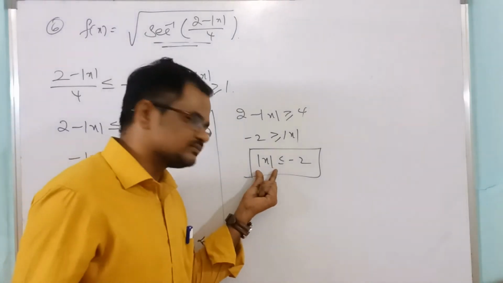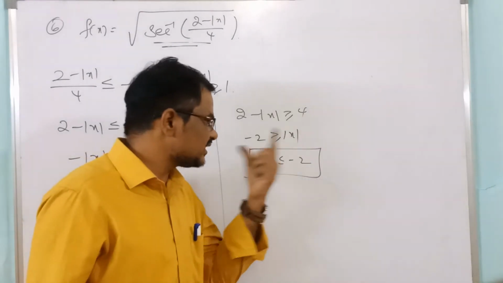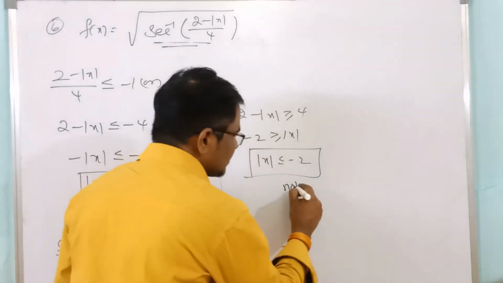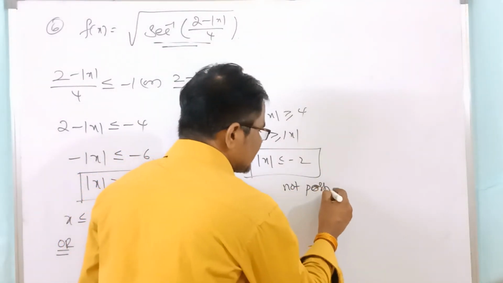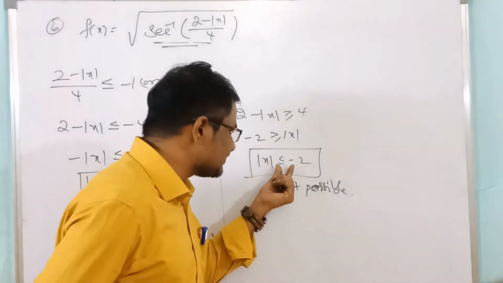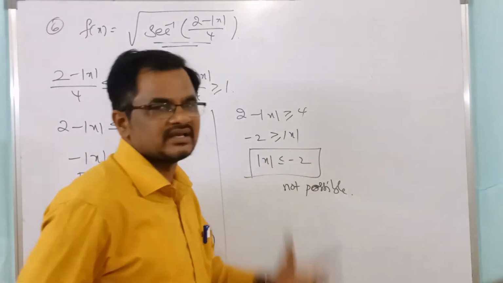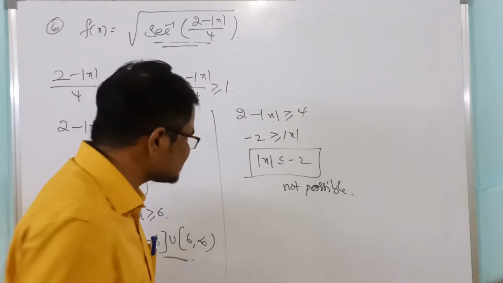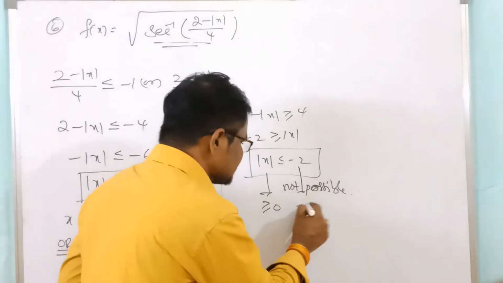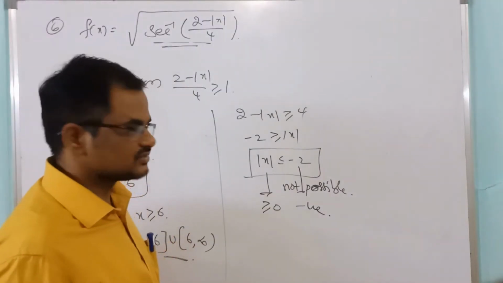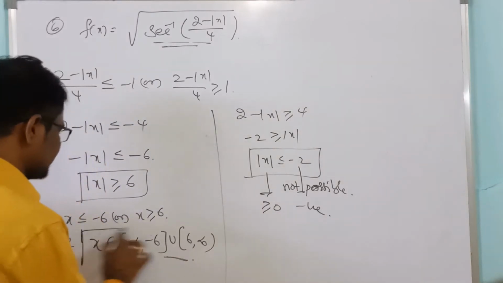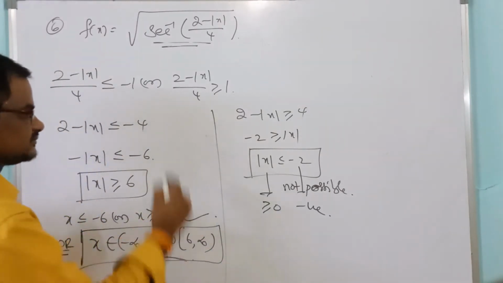But mod x is non-negative, greater than or equal to 0, and here it is minus 2. Is it possible? No, it is not possible, because a non-negative value is never less than or equal to minus 2. So our required domain is this one only.